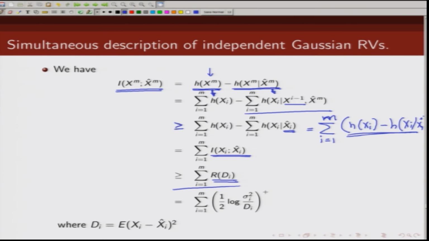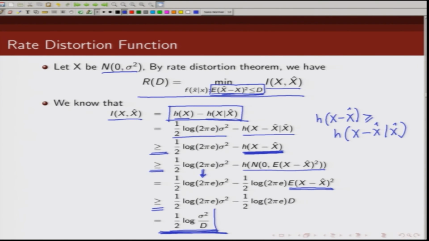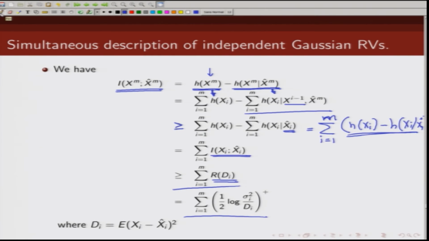If you go back, for a Gaussian source, this is given by half log of sigma square by D. So we can write this as half log of sigma i square by di when di is less than sigma i square, and 0 otherwise.